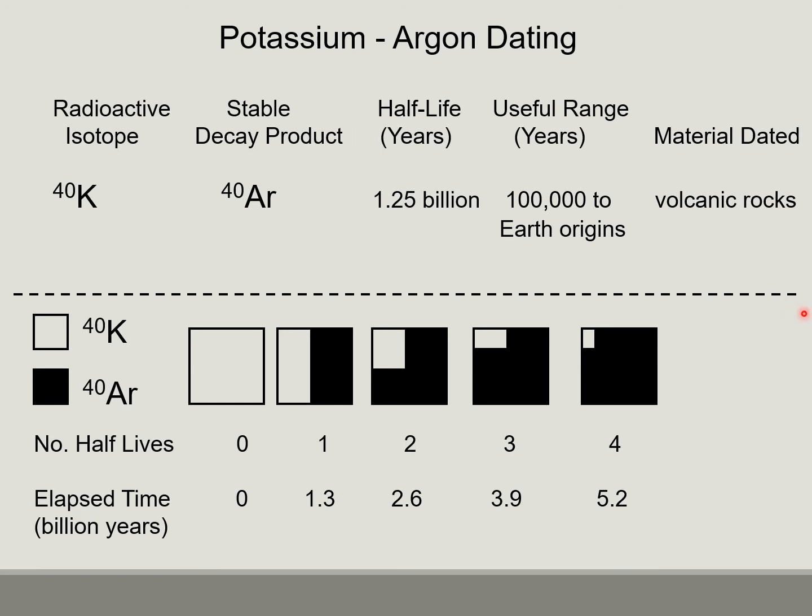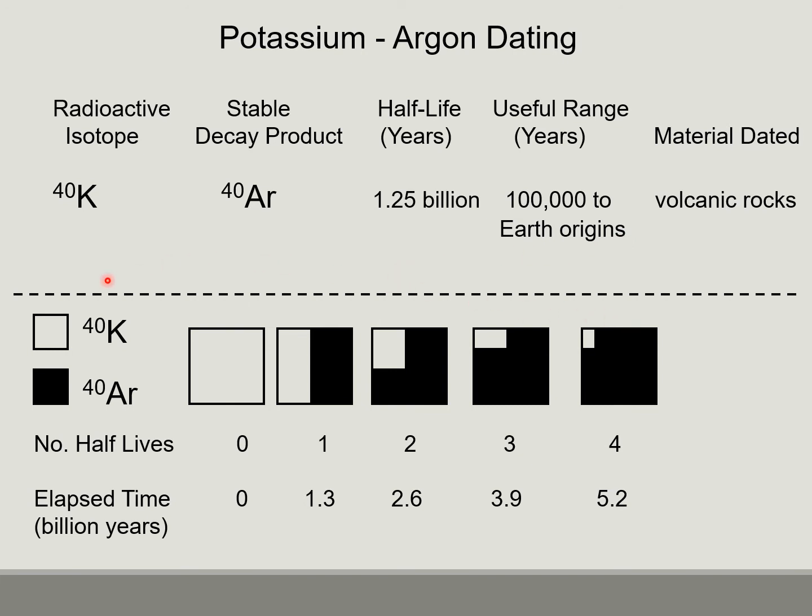Okay, so this is a summary sheet of potassium argon dating. It's the parent radioactive isotope, the stable daughter isotope, right? Huge, very long half-life. And because the half-life is so long, it can actually date fossils, or volcanic rocks, I should say, from 100,000 years all the way to Earth's origins about 4.5 billion years ago. Again, it's used to date volcanic rocks.